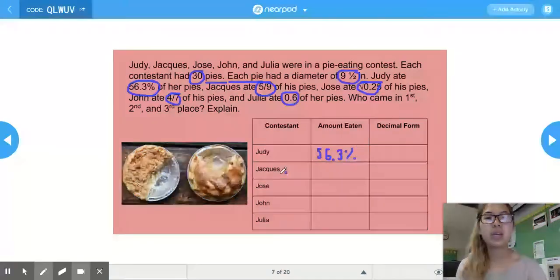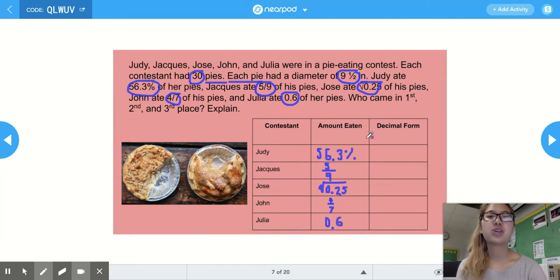For Jacques, he ate 5/9. For Jose, the square root of 0.25. For John, 4/7. And Julia ate 0.6.